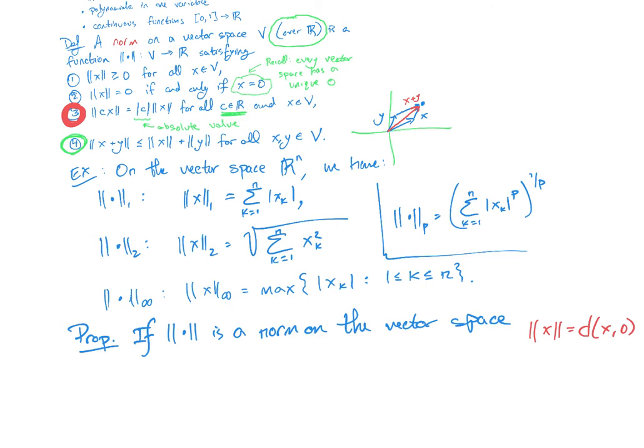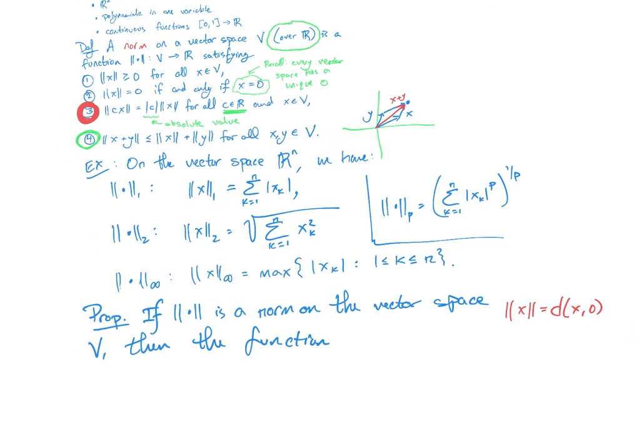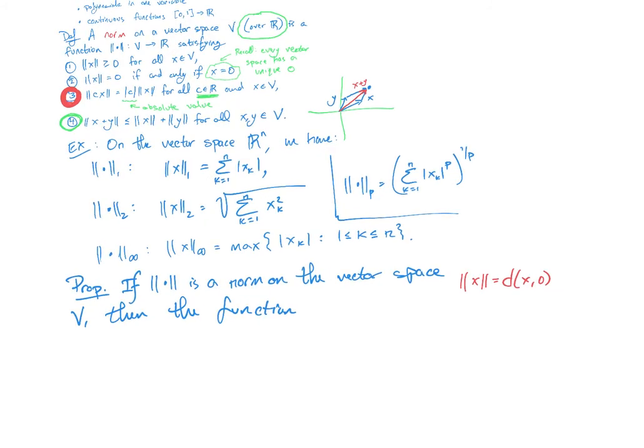So our proposition is just going to say that is indeed a metric. If you have a norm on the vector space V, then the function d of x, y defined to be the norm of x minus y is a metric on V. Now you just have to remember back to the axioms of a metric.